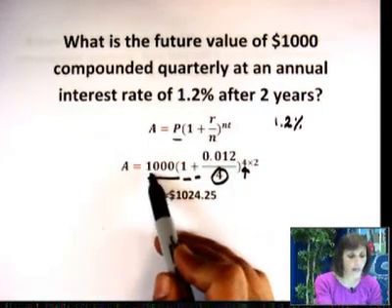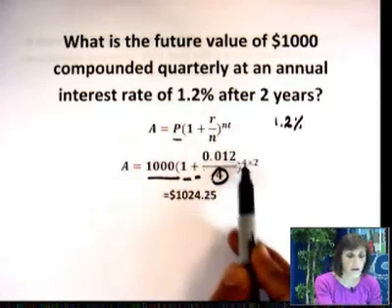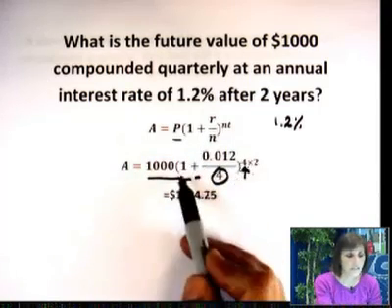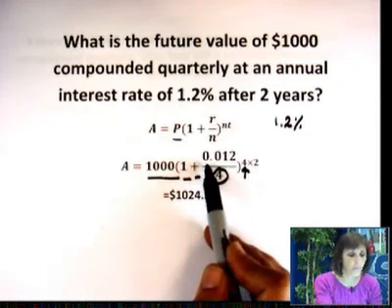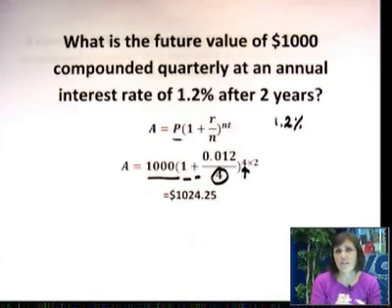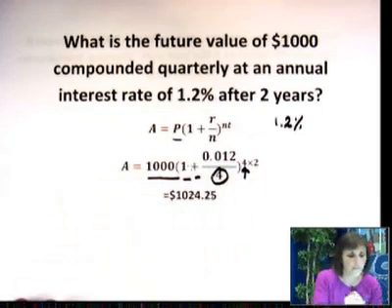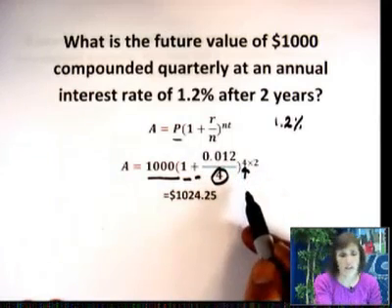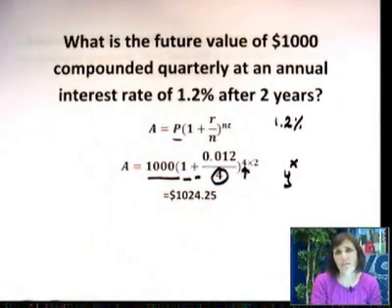You're going to have to put 1,000 and then put multiply. And I use the parentheses, put 1 plus. Your calculator knows order of operations. Put 0.012 divided by 4. You don't have to use parentheses because your calculator will know to do the division before it adds. Then close the parentheses. And then maybe in your calculator you have a function that looks like y to the x or x to the y, something like that.